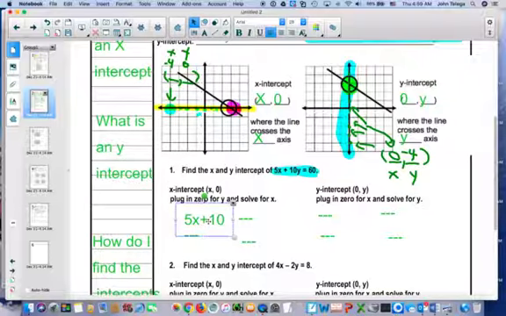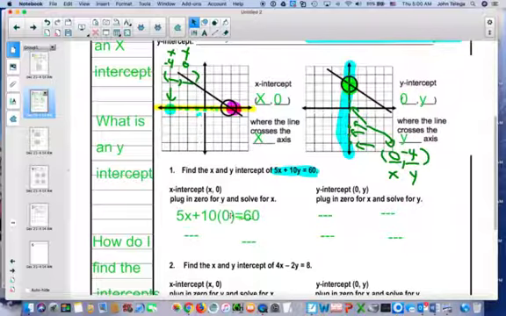So we're going to take our 10y, right? See that? Our 10y. But we're going to substitute for y a 0 to start, okay? So instead of the y, I put a 0. And this is going to equal 60.